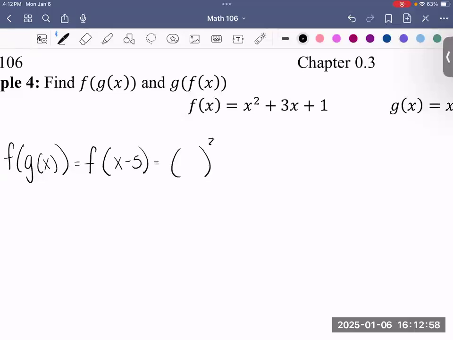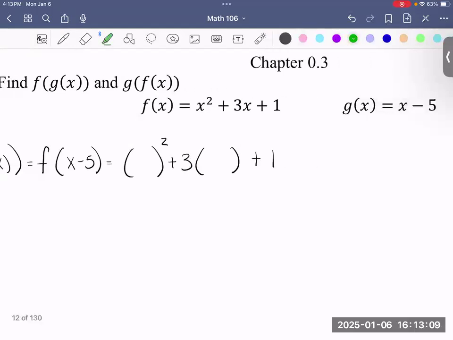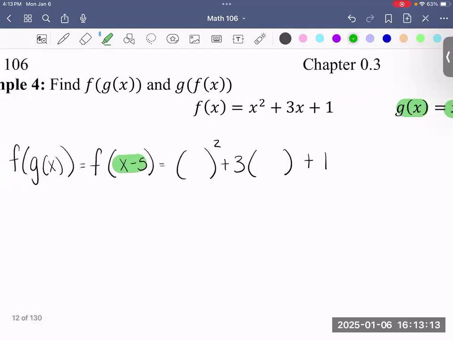We have x here squared, so leave a gap, square it, plus 3, it's x, so leave a gap, plus 1. Now, in those gaps, we get to replace it with your g being x minus 5. So this is where your g is. So x minus 5, x minus 5. Then we have x minus 5 squared.